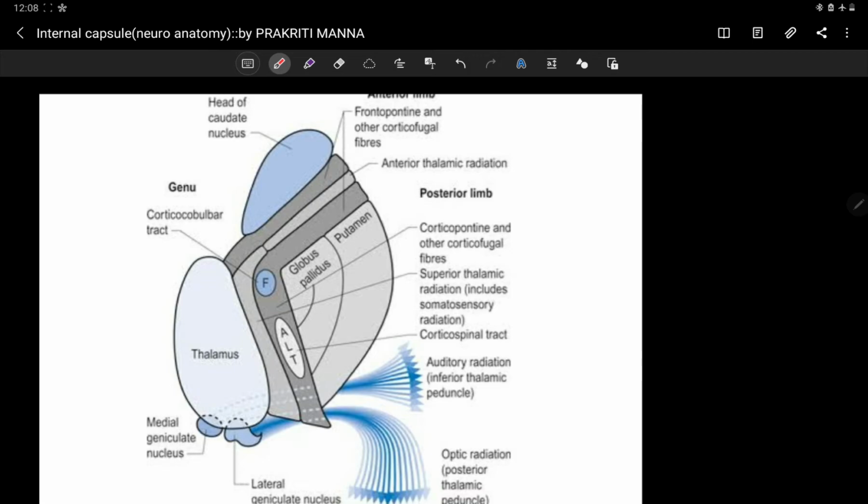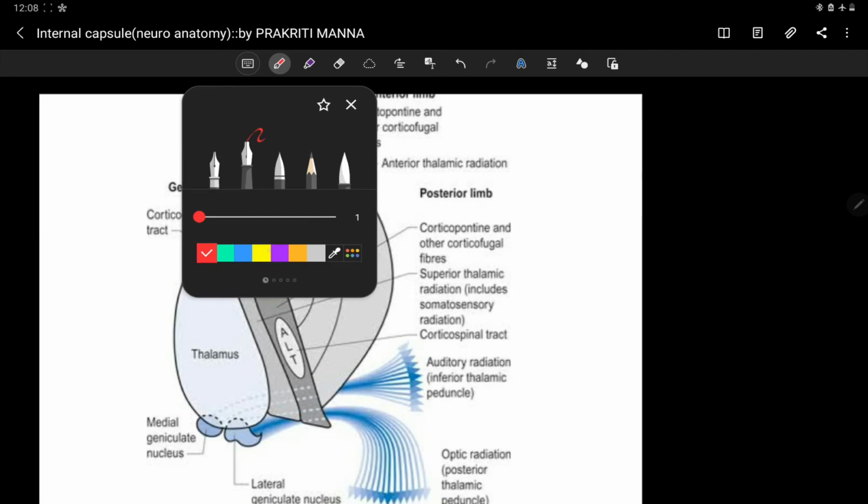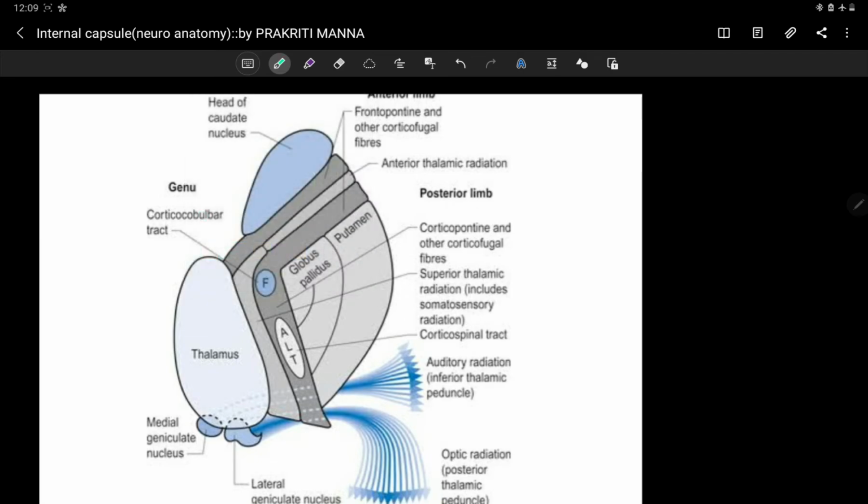Now you can see the arrangement of fibers. Generally, this is the lateral side, this is the medial side. Generally the sensory fibers are more medial and motor fibers are more lateral.